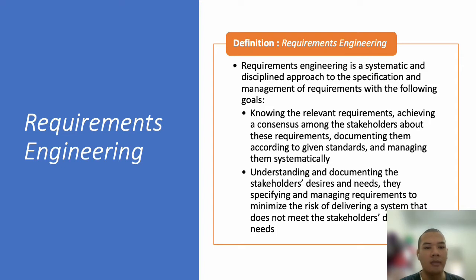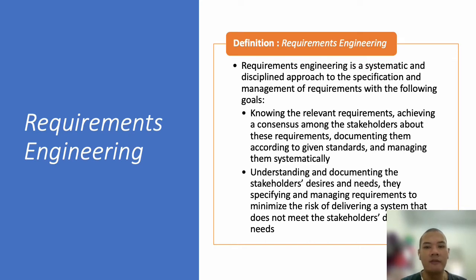And also understanding and documenting the stakeholders' desires and needs, and specifying and managing requirements to minimize the risk of delivering a system that does not meet what stakeholders need.